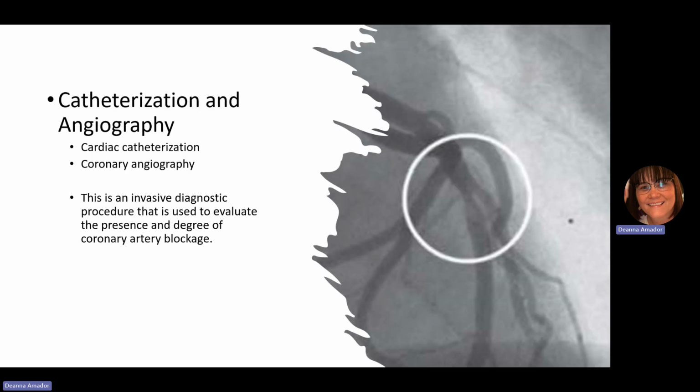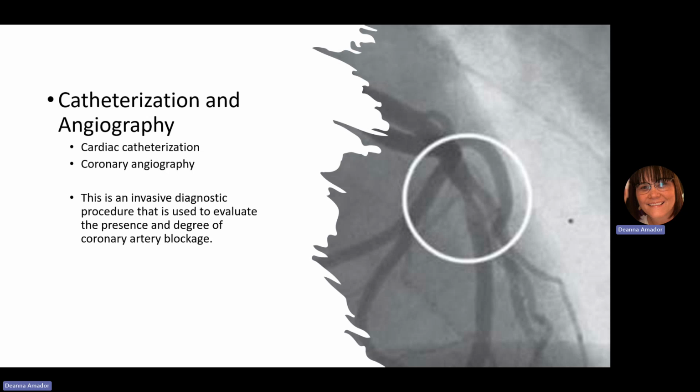Okay, this next slide shows a picture of what an occlusion in an artery could look like under angiography. So this would be if they took them into the cath lab and they're using contrast dye. That's what they do to see where the occlusion is.